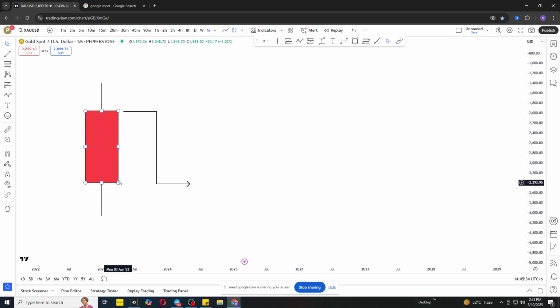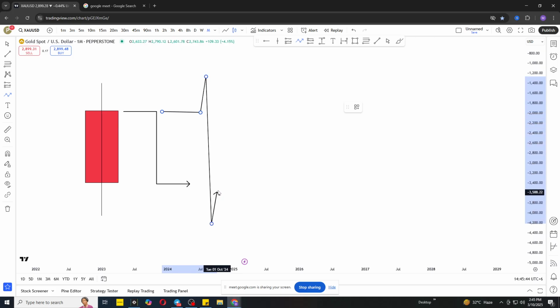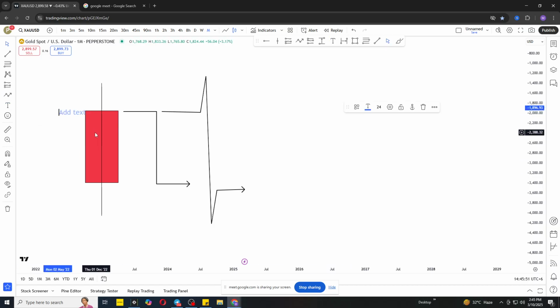If we do the same process for this, the candle started here, goes up, comes down, goes here and then closes here. So here we have an open and a close, plus an extra, a high and a low.